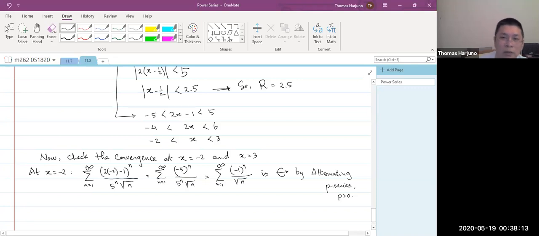As long as the power is positive, then an alternating p-series will be convergent.